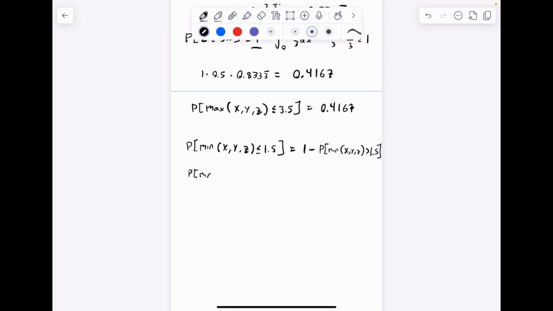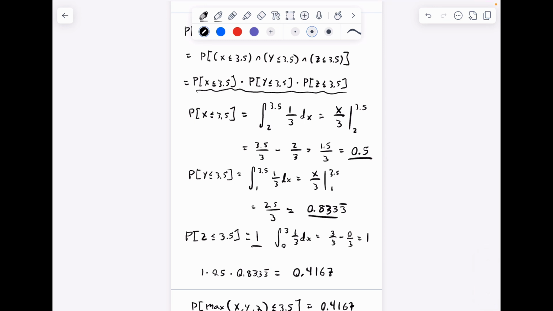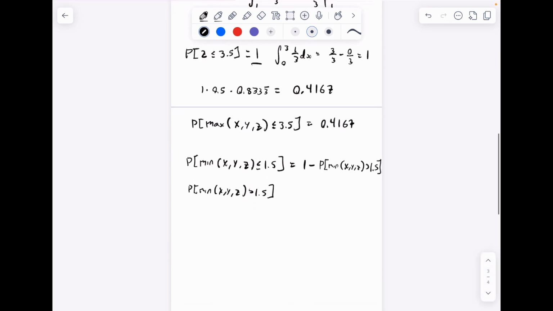Now, the probability that the minimum of these three values being greater than 1.5 is all encompassing. So again, this is saying that all x, y, and z must be greater than 1.5 in this situation, which allows us to solve the problem using that product of all of the variables being multiplied by each other.